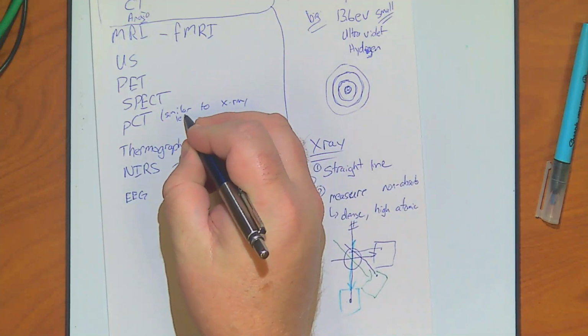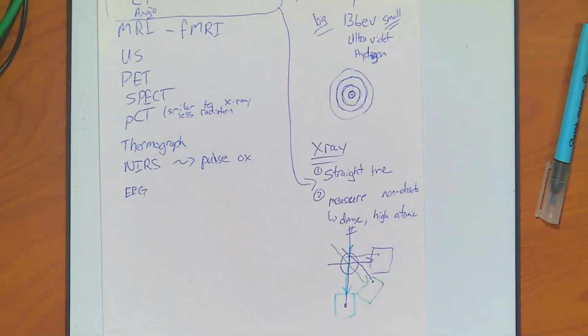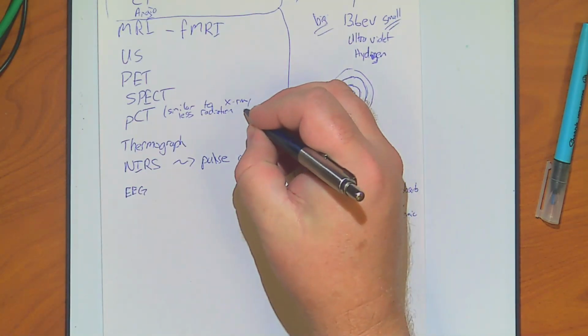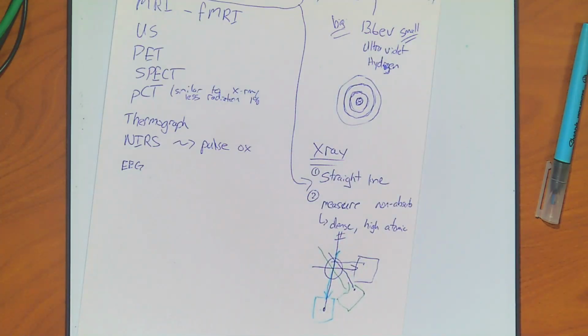We'll have less radiation because we're going to give it so much energy it'll just pass through, and nobody gets absorbed. Less radiation, so on the order of 1% the radiation, if you're wondering what it is.